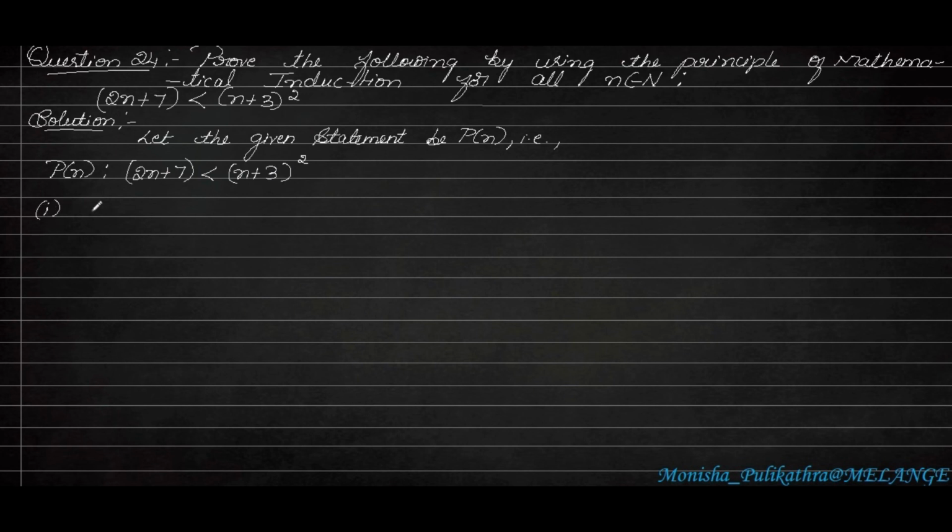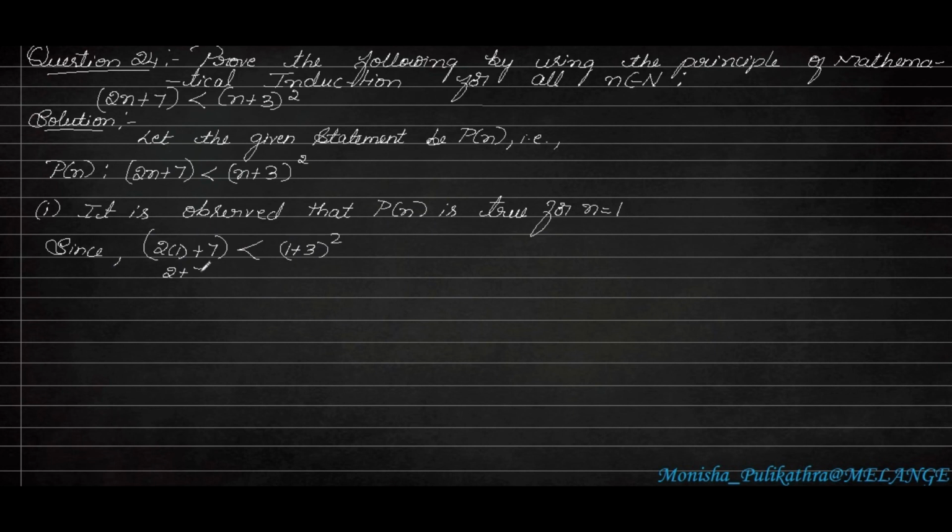Next, it is observed that P of n is true for n is equal to 1. So we have to substitute 1 in the place of n here. So 2 into 1 plus 7, which is less than 1 plus 3 whole square. 2 into 1 is 2 plus 7, which is less than 1 plus 3 whole square.